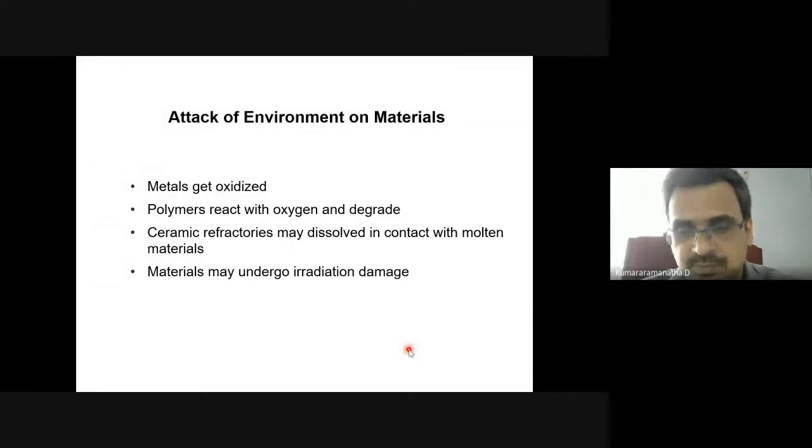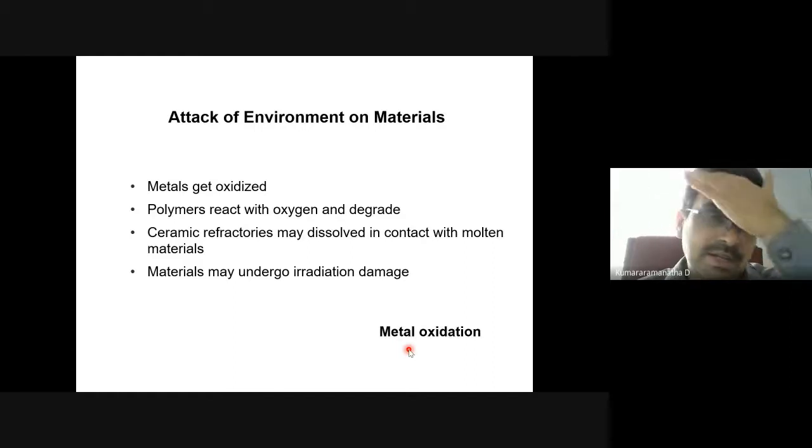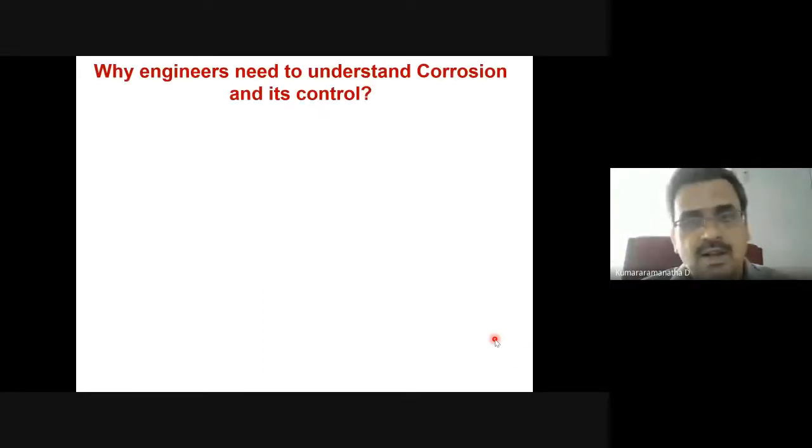Now, from your syllabus point of view, let us go more into metal oxidation. You must be thinking, why should I learn corrosion? Because I already know that iron gets oxidized and I can galvanize, and that's it. But why is it very important to learn corrosion?